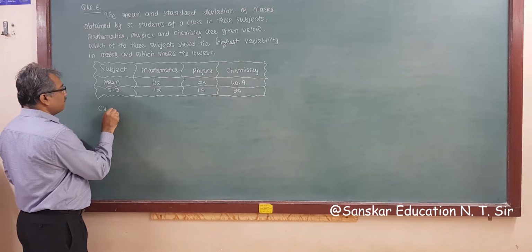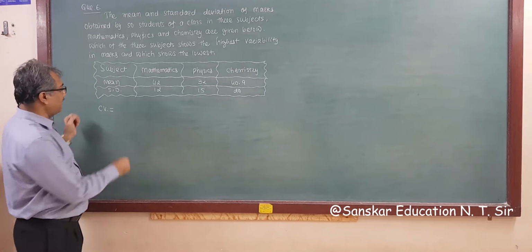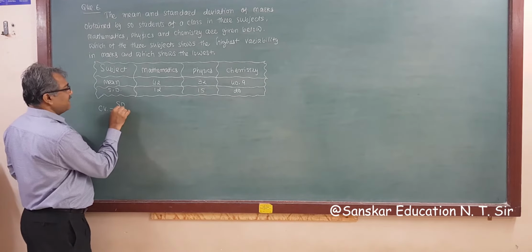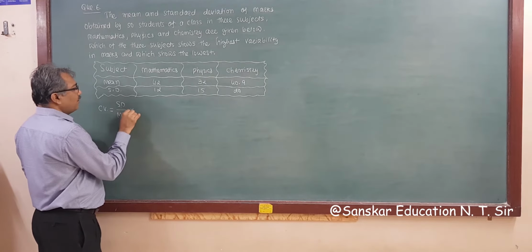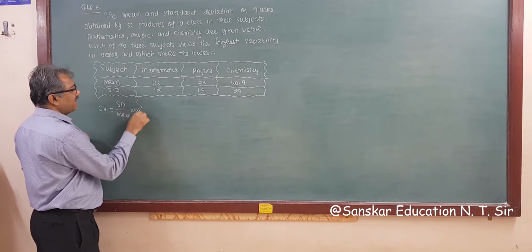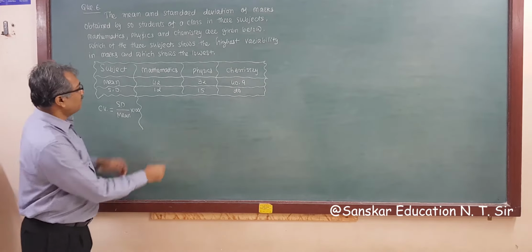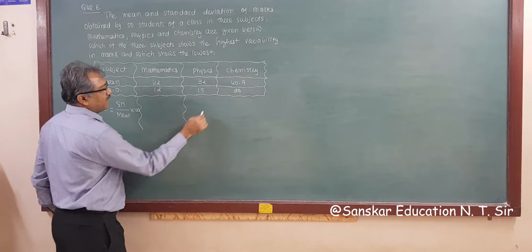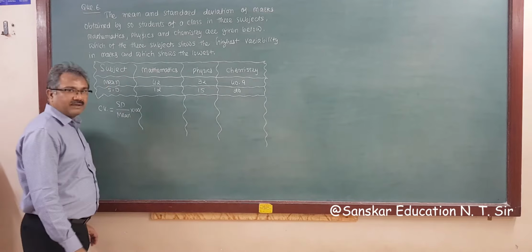CV is equal to standard deviation upon mean, multiplied by 100, so we can find CV in percentage. First we calculate CV for mathematics, then physics and then chemistry.